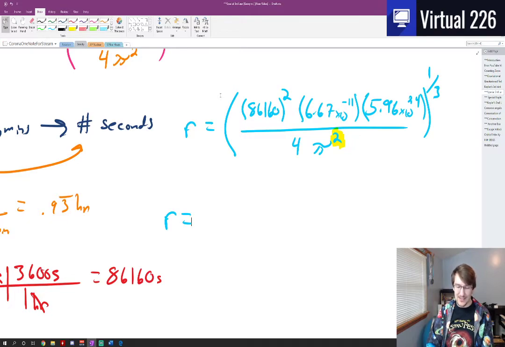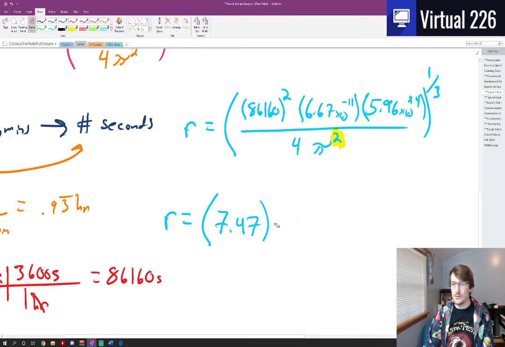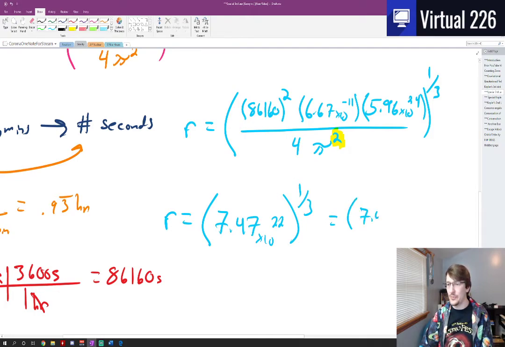And now I need to take a cube root. So what I have left here after just doing all the inside is 7.47 times 10 to the 22nd, and I need to take the cube root of that. On the calculators, the way I like to write this is I put in 7.47 times 10 to the 22nd.